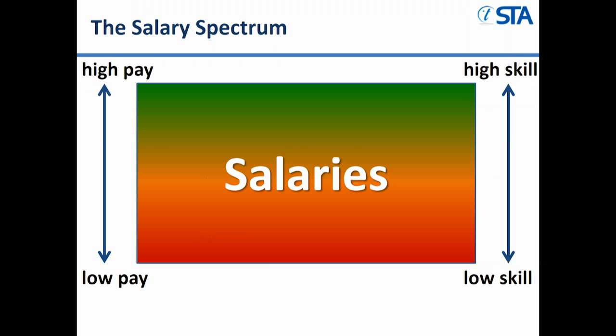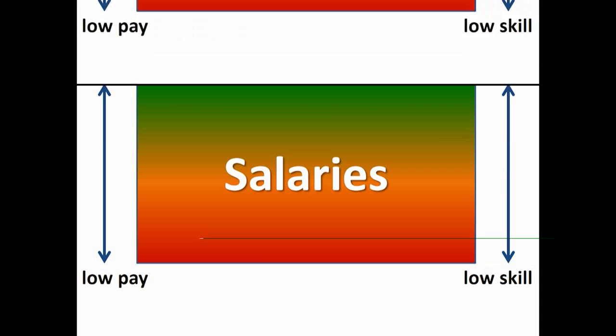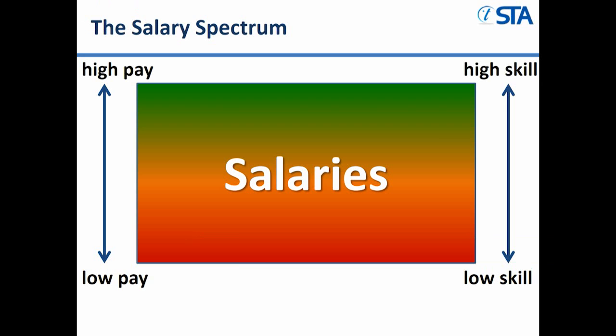And of course, we have the whole spectrum because we have some people who are moderately skilled and we pay them somewhere in between. By having this whole spectrum, it's easy to control and manage our workforce, because people who come in at any particular level perceive there to be the possibility of progressing up this spectrum, gradually moving, if they start at low skill, gaining skills and moving up the spectrum.